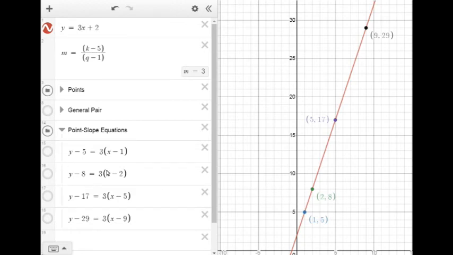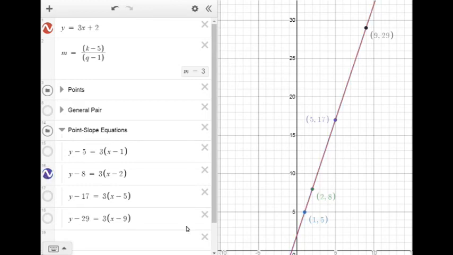If we use the point-slope form of our equation, using each one of these individual points, this first line here uses the point x equals 1, y equals 5. The line is the same. The color just changes here to indicate that this is the line that's being shown.